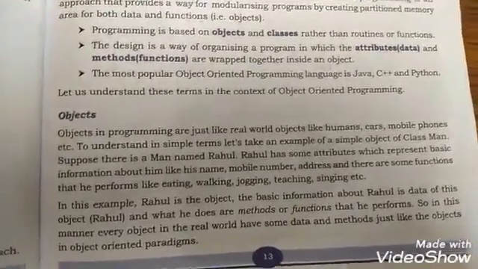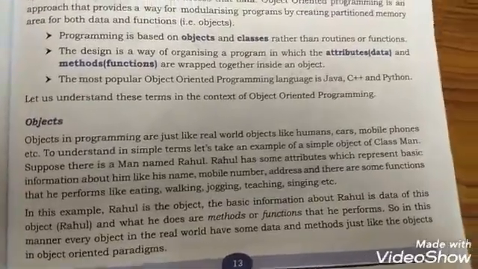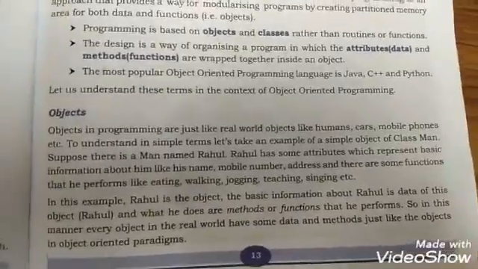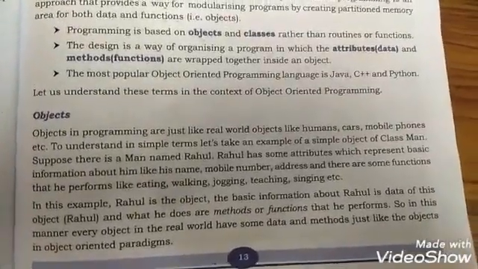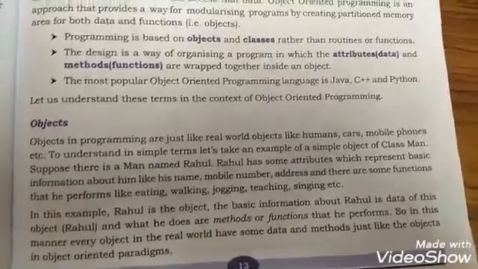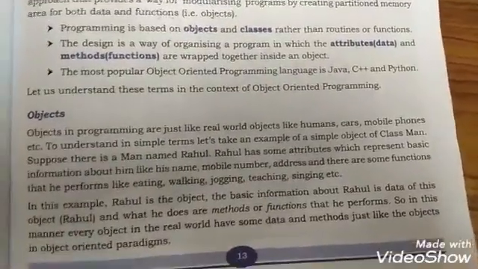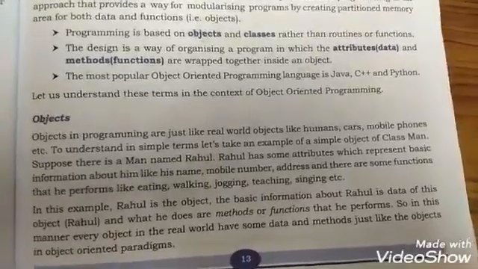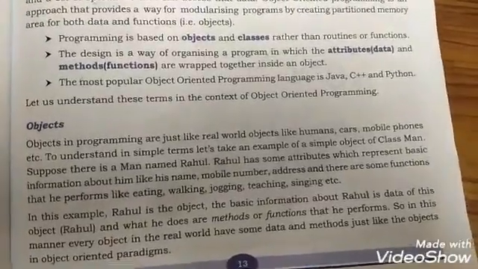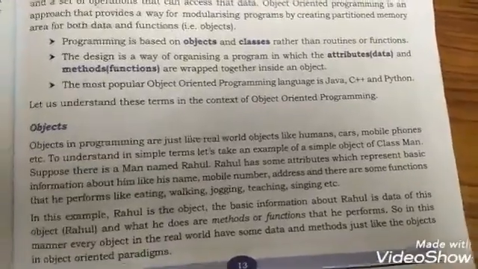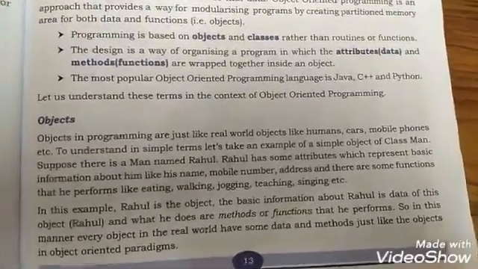Objects in programming are just like real world objects like humans, cars, mobile phones, etc. In programming also we can represent the real world as software world objects. They also behave exactly the same as real world objects.